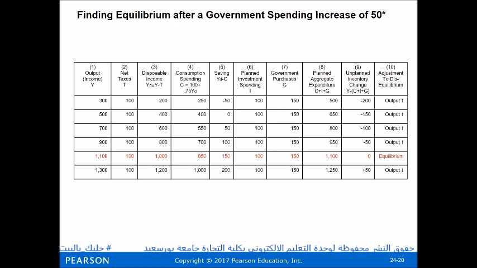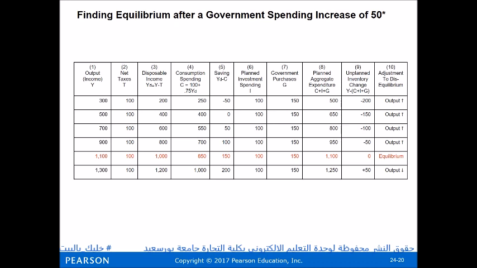Using the first approach, for example, we can find that the new equilibrium level of income, Y, is determined at a level of 1,100. Why?